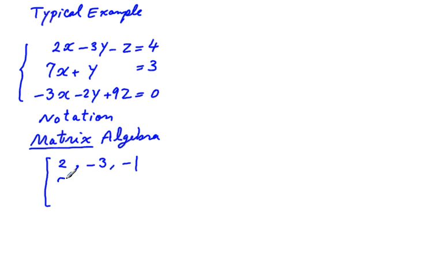So second row I have 7, 1, and 0, and the third row I have -3, -2, 9. Numbers on the left, these are called coefficients. These are these numbers.